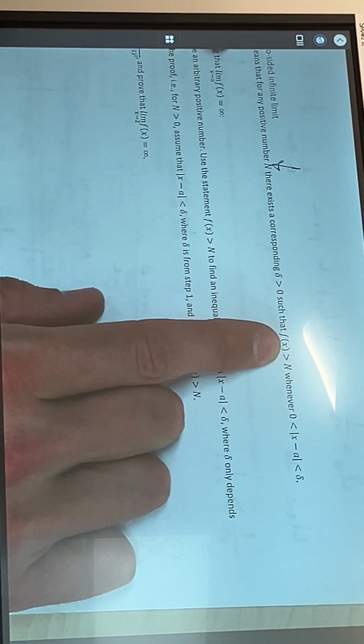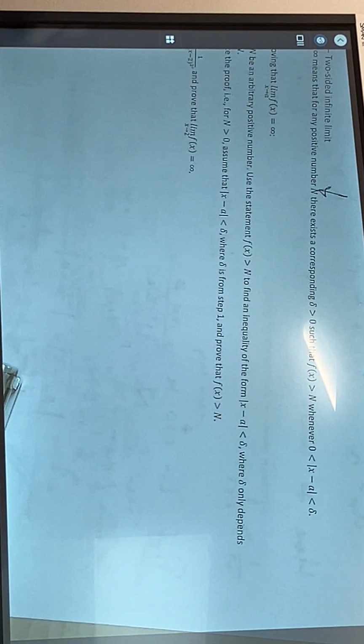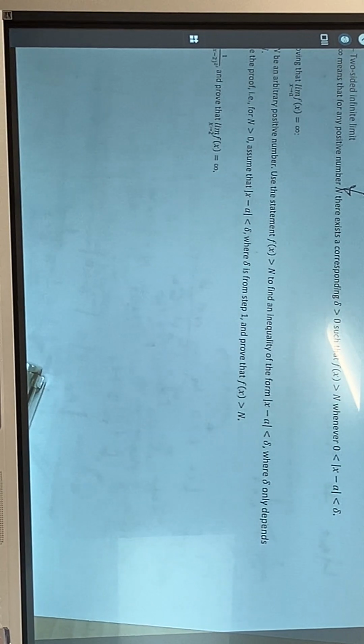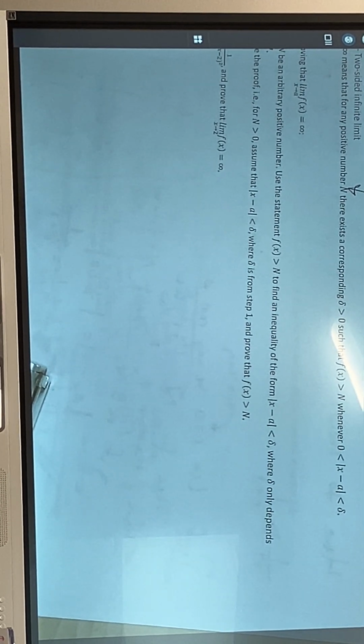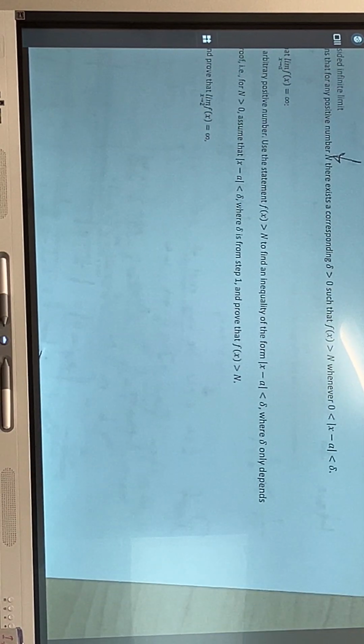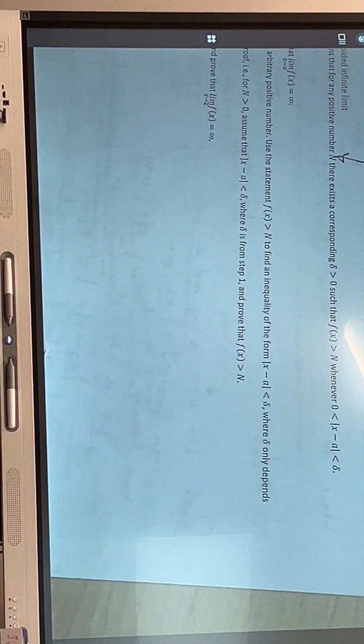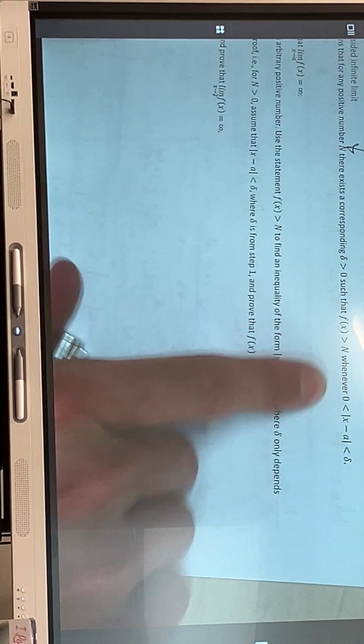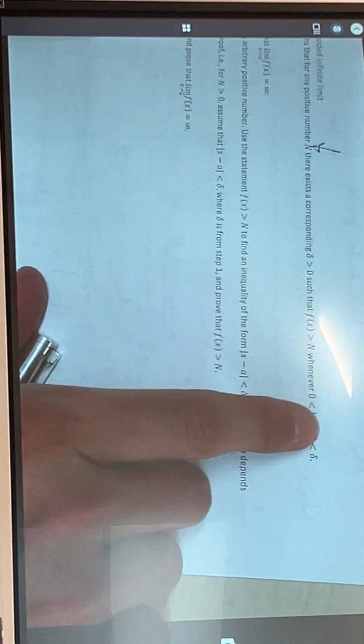The function value will be even bigger than that. And that's how we're supposed to say that the limit's infinity, because it's bigger than any number that you can name, and that's what we're calling infinity in the first place. It's bigger than any number that you point to. And we're going to say the function value can do the same thing. It can be bigger than any number that you want, as long as you're within delta of a.